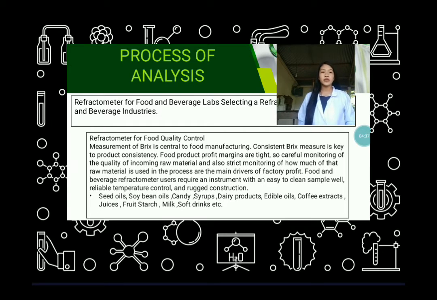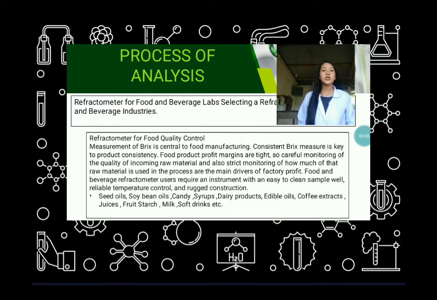Food product profit margins are tight, so careful monitoring of the quality of incoming raw material, and also strict monitoring of how much of that raw material is used in the process, are the main drivers of factory profit.